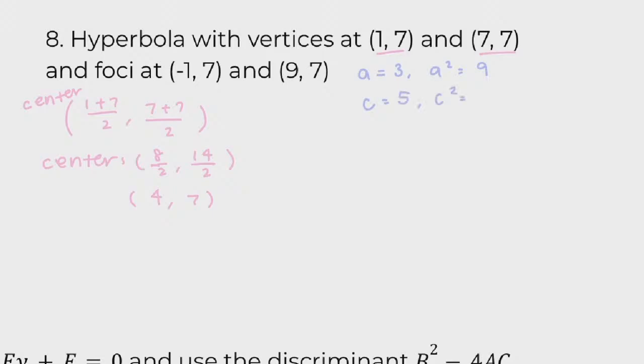So c squared is going to be 25. Okay, then next we have to find b squared because that's what our equation asks for. So we're plugging into c squared equals a squared plus b squared. So it's going to be 25 equals 9 plus b squared. Then we subtract 9, so we get b squared equals 16.